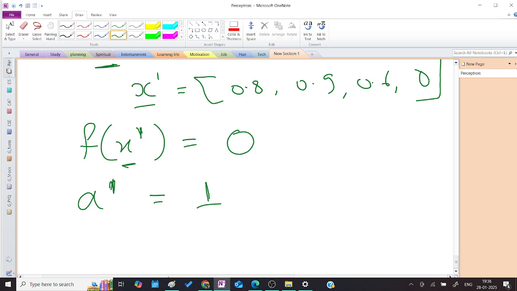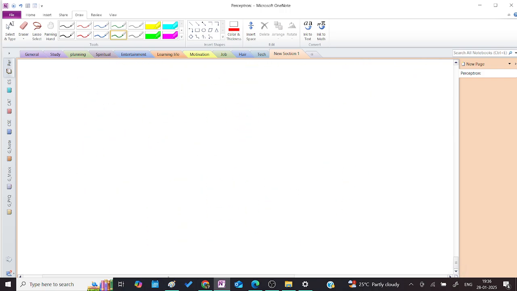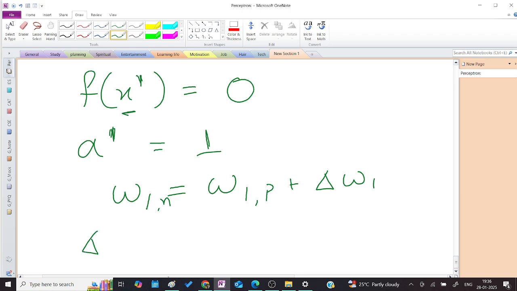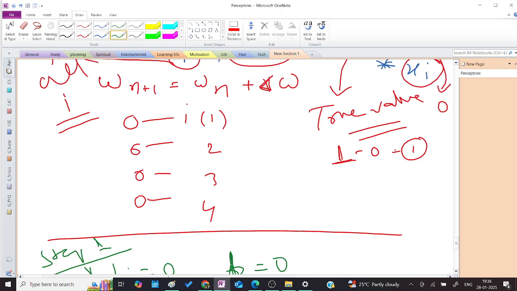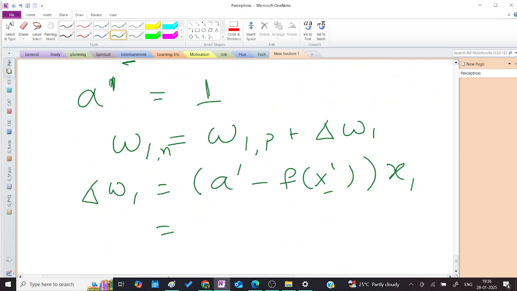How will it be updated? The weight 1 new will be W1 previous plus delta W1. And what will be delta W1? It will be a1 minus f of x1, whole multiplied by x1. So what is our value of x1?